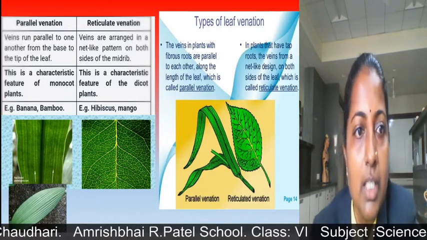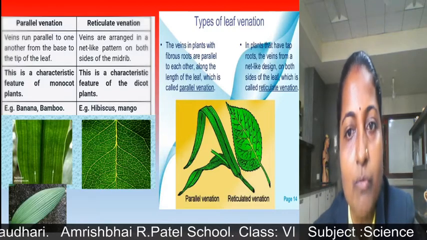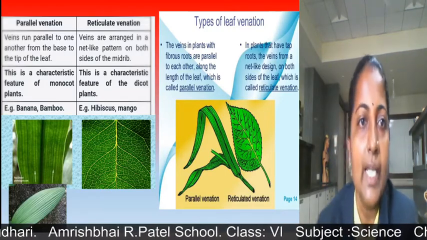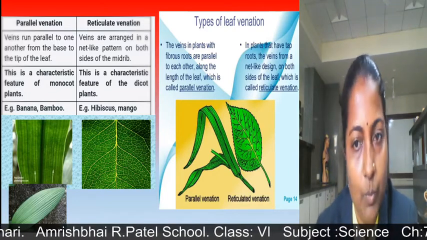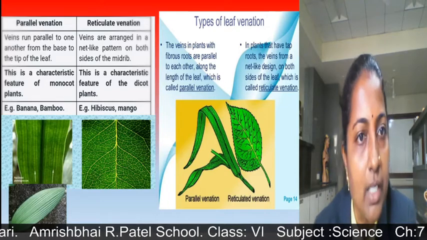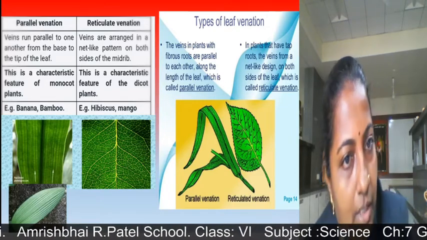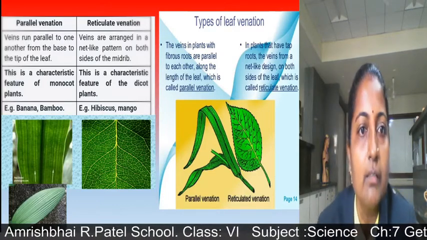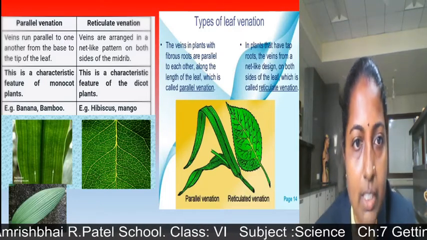In parallel venation, fibrous roots are found, and in reticulate venation, taproot is found. Veins arranged in a net-like pattern on both sides of the midrib is the characteristic feature of dicot plants. Hibiscus and mango are examples of reticulate venation.